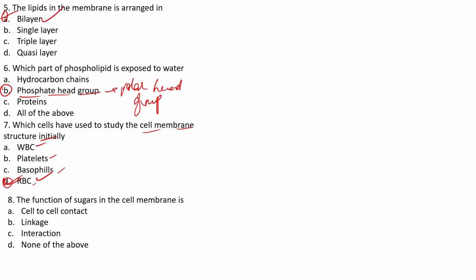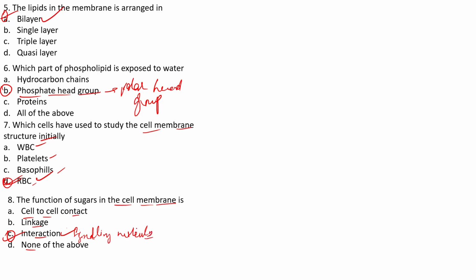Now, the function of sugars in the cell membrane is cell-to-cell contact, linkage, interaction, none of the above. The main function of the sugars in the cell membrane is to provide interaction between signaling molecules.